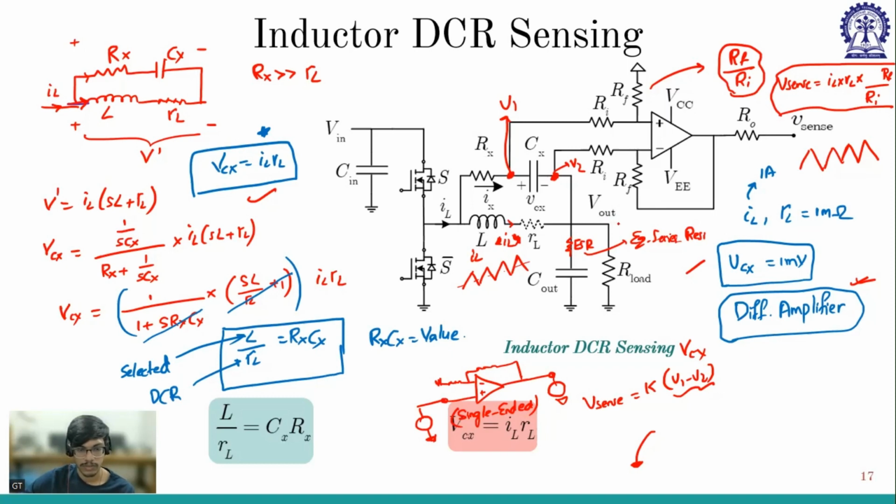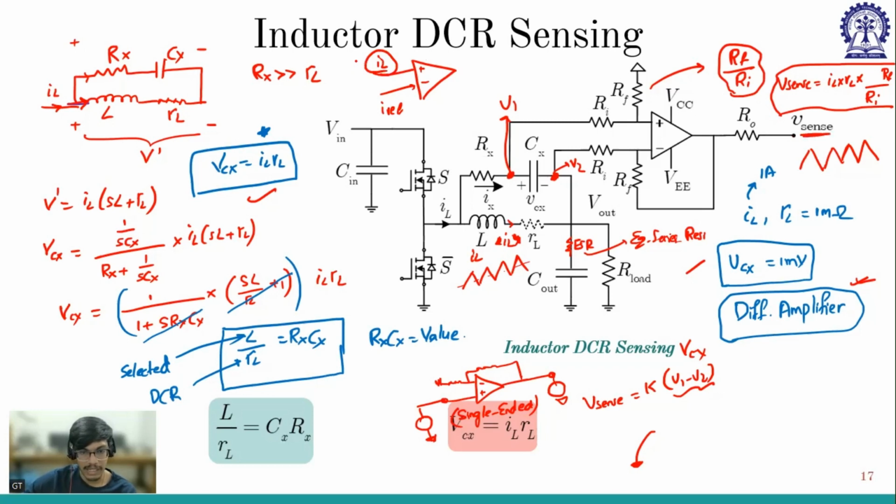Understood? Sir, but we are comparing with VCon. No, this is IL, V-sense. If you consider this comparator, we are comparing IL with I reference, right? So this IL is this V-sense.